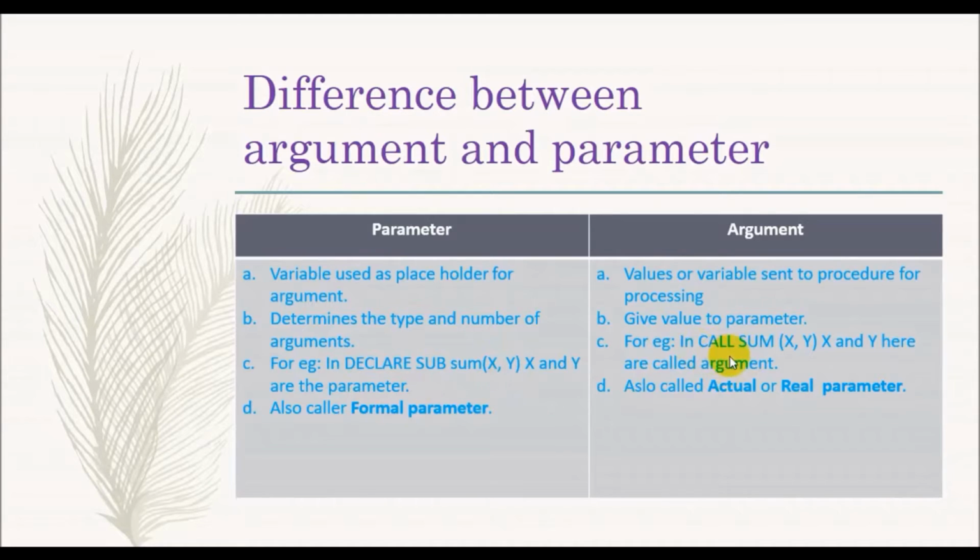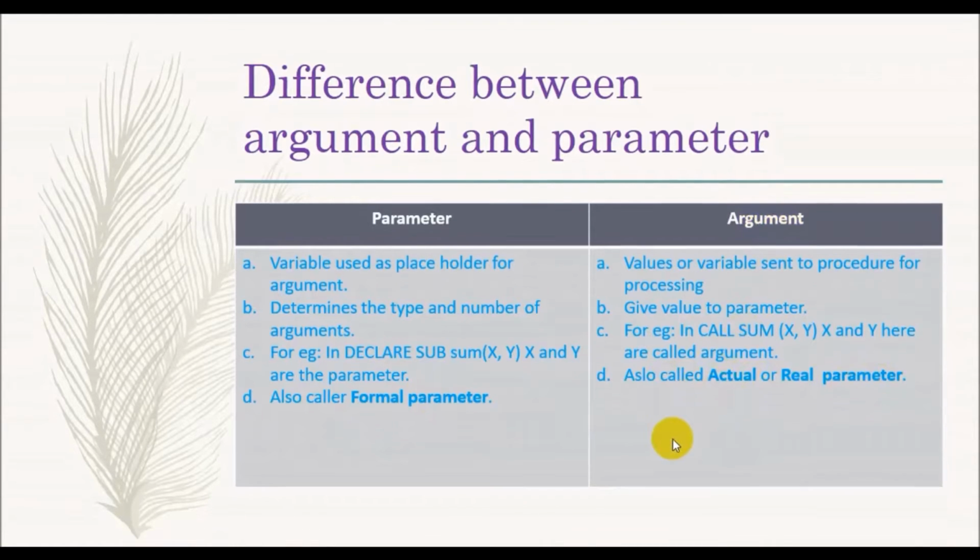And here in case of argument, this x y that we write in call statement inside bracket is called argument. So another name for parameter is formal parameter, whereas arguments are called actual or real parameter.